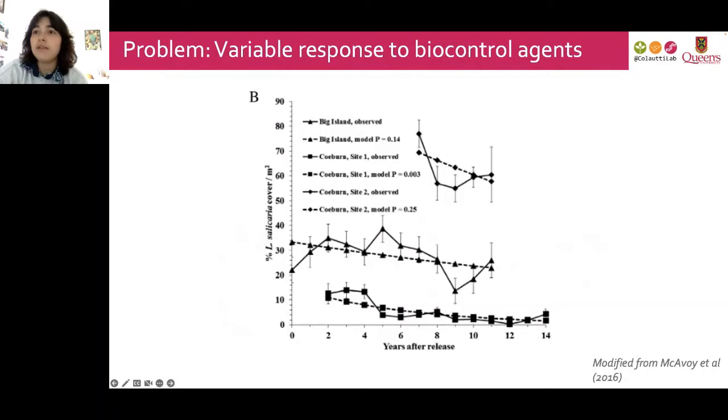You can see here in this figure where we've got percent cover on the y-axis and years after release on the x, that there's a general trend of decrease in biomass, but there's still a lot of uncertainty. It's a pretty big standard error, and also huge variation between sites, which is a pretty big indication that there are more things affecting these plants than herbivore pressure.